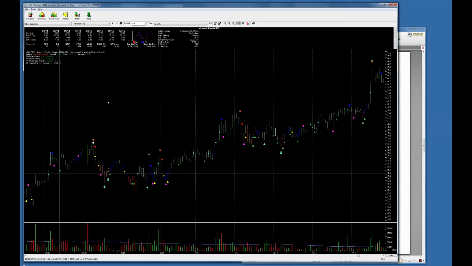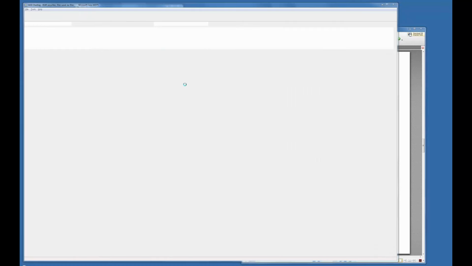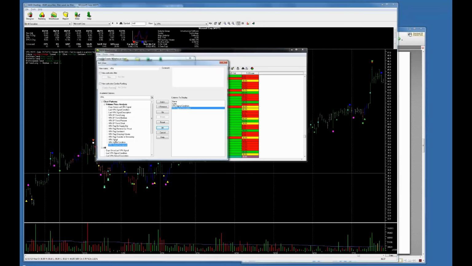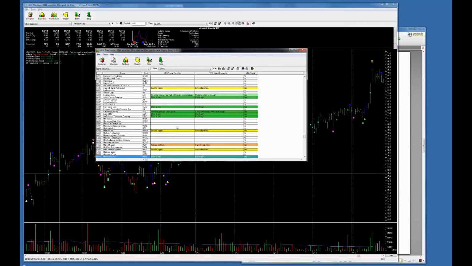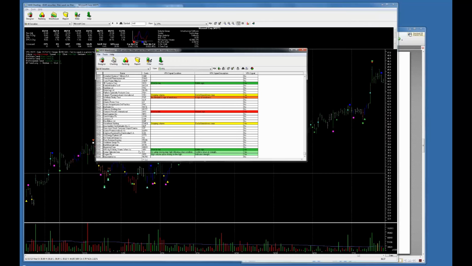The signal days are completely visible in the warehouse. In the warehouse, there are fields for the various VPA flags. And these only occur on signal days, but as you can see, the signal days are almost all of the days. So it's not as big a thing.